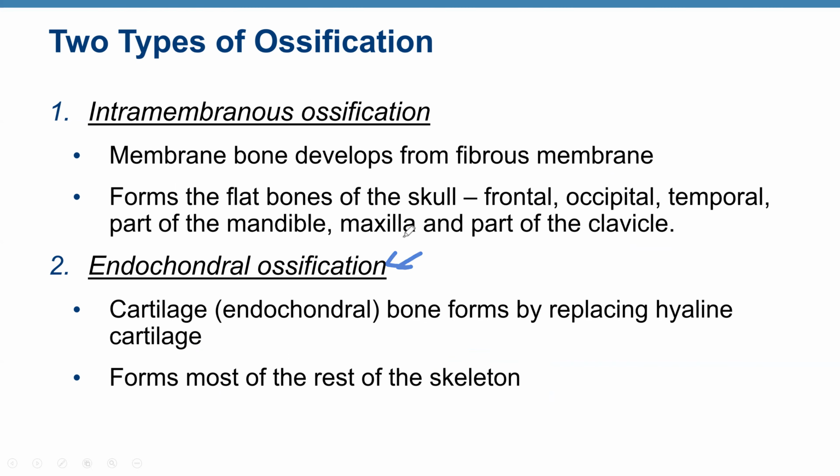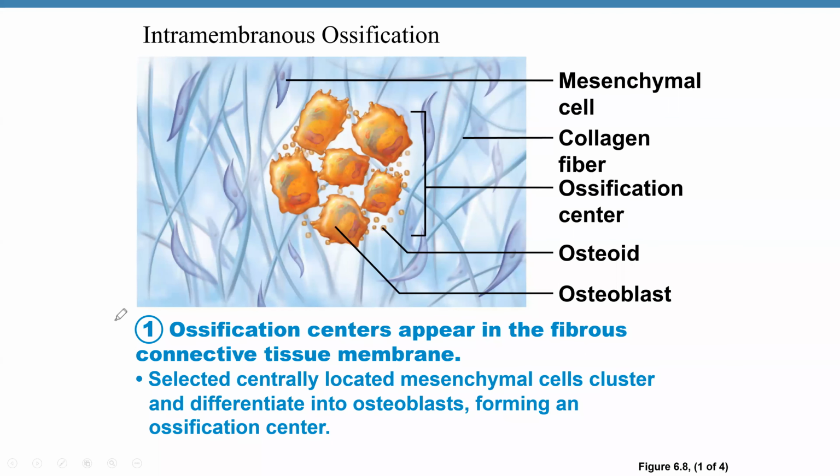Okay, so let's look at the steps in intramembranous ossification. We start with embryonic tissue that forms a membrane. Those cells are embryonic cells called mesenchymal cells. Then an ossification center appears in a fibrous connective tissue membrane. Selected centrally located mesenchymal cells cluster and differentiate into osteoblasts, forming the ossification center.